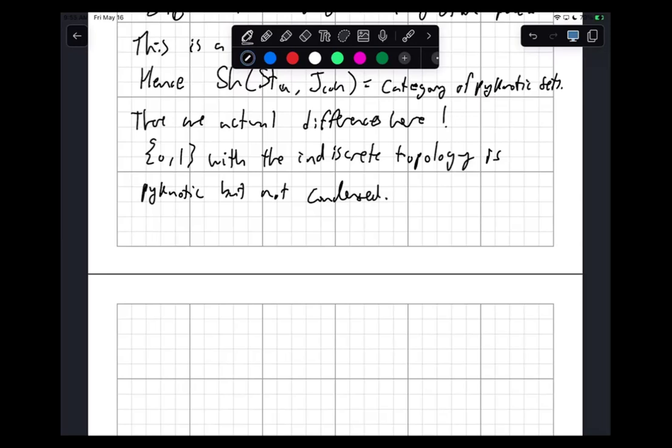Now, if you have a large coverage, that means you could be taking a colimit over a large category. Large categories do not have large colimits in general. If a large category has all large colimits, by Freyd's theorem, it's a preorder. Therefore, sheafification does not necessarily exist on large sites.